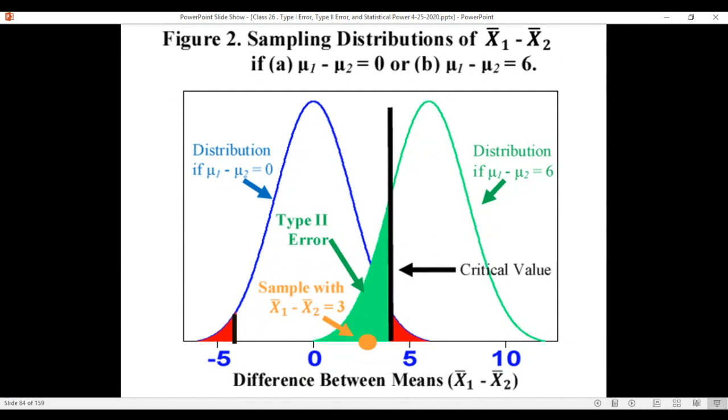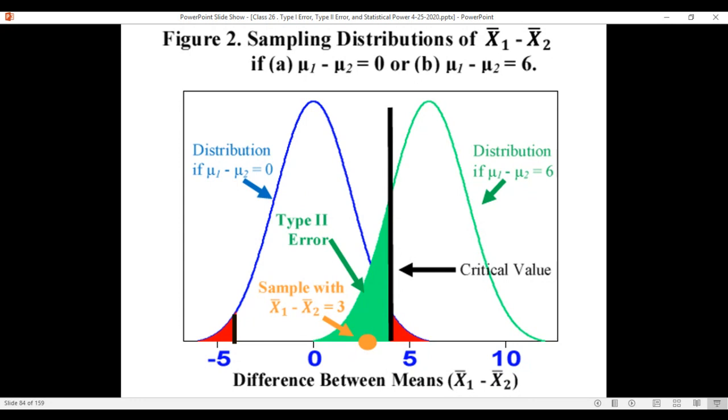The answer is no. Red areas are the critical region. The gold dot represents the observed difference between the two sample means. The dot doesn't lie within the red areas, so t does not fall within the critical region.